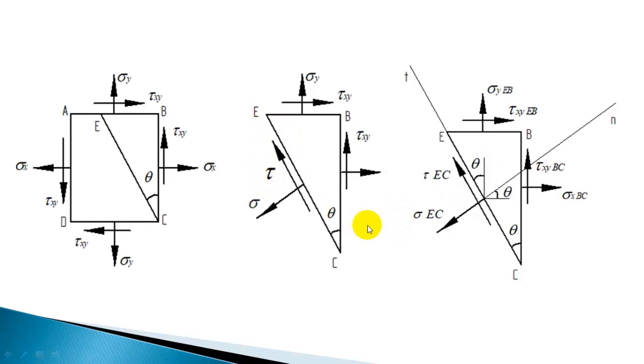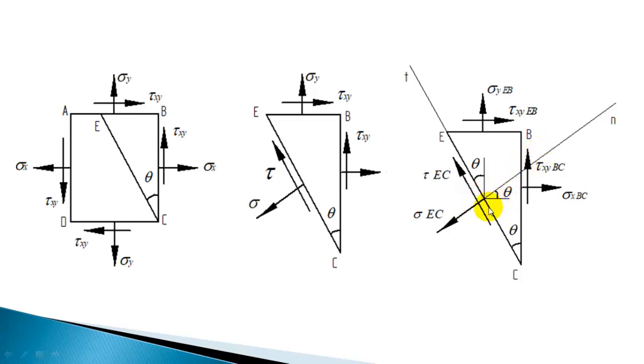Now after passing the section plane, the normal stress is sigma into EC, the area of that face. EC is the length multiplied by the thickness normal to the screen, which gives the area of that face. Sigma EC is the normal force, and tau EC is the shearing force. Now this angle is theta. If you draw a horizontal here, this is 90 and this angle is 90 minus theta, and this is a normal.